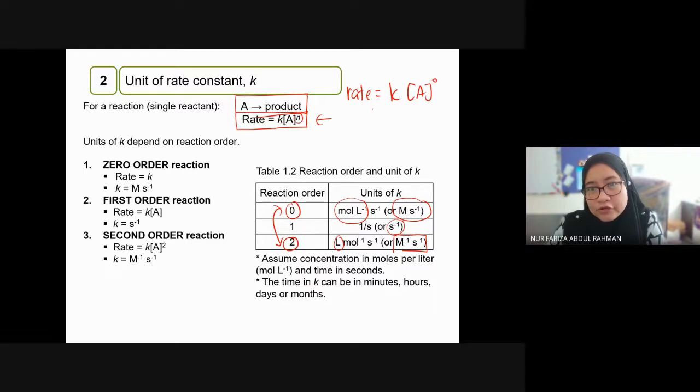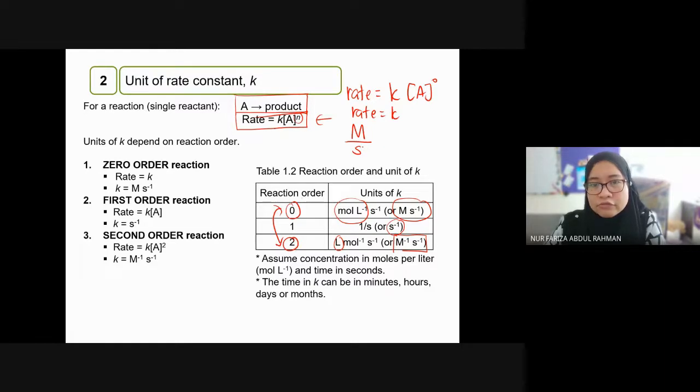kan dia kuasa kosong kan, so rate is equal to k, so this is the rate law. If we were to convert the rate and the k in terms of its unit, the unit for rate will be molar per second. Remember delta concentration over delta t, the unit will be molar per second because concentration over time.